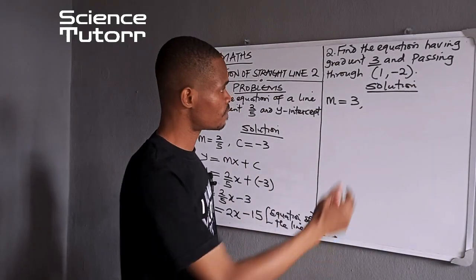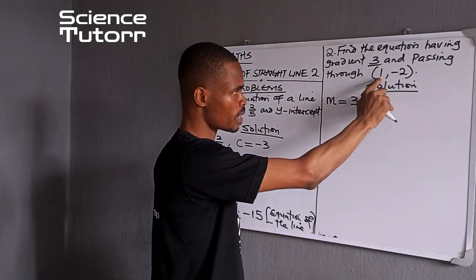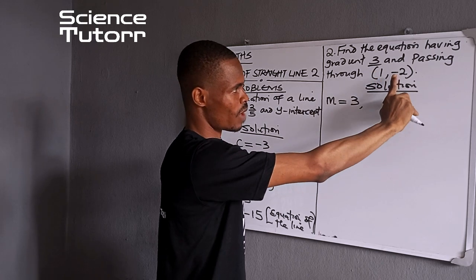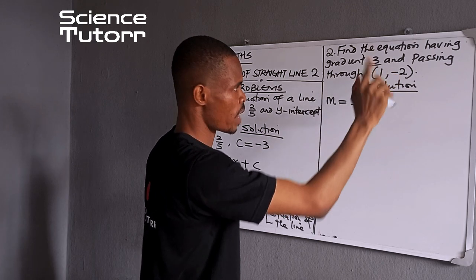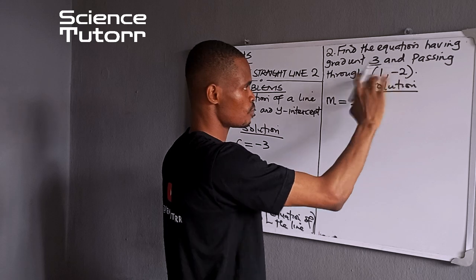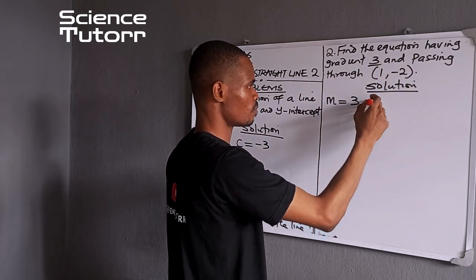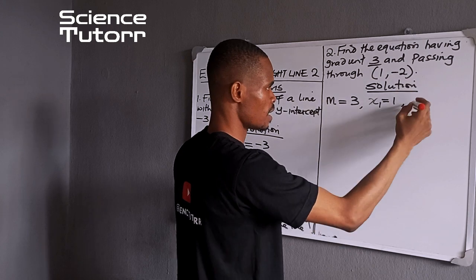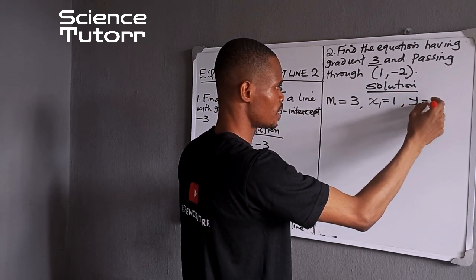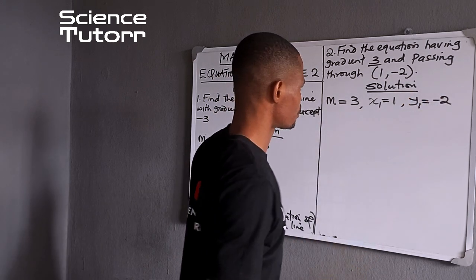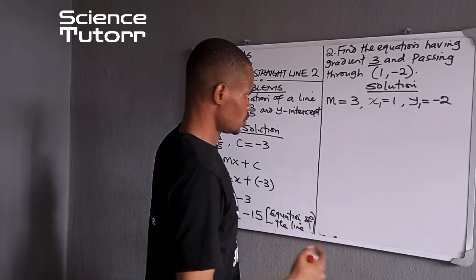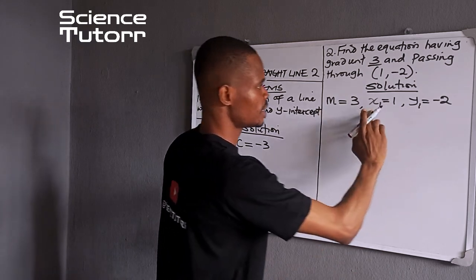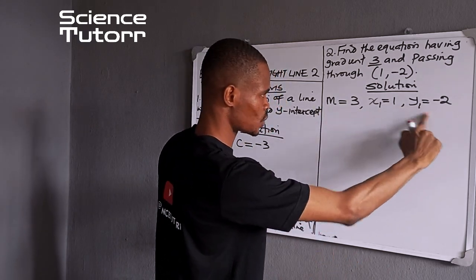Like I said in the previous video, the first number represents x while the second represents y. So for these coordinates we have x1 to be 1 and y1 is minus 2.